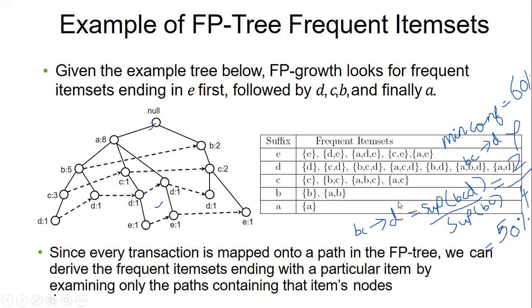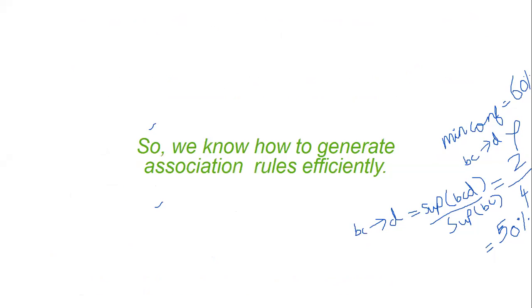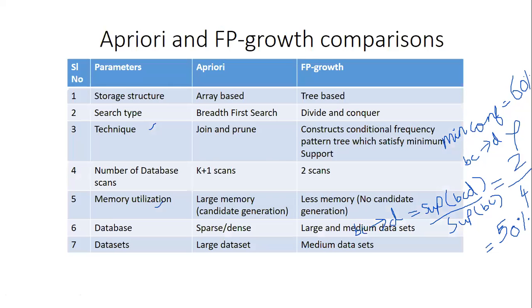Whichever has confidence greater than or equal to 60%, that rule will be considered. Other rules will be eliminated. So we know how to generate association rules efficiently. In the next slide we'll see the comparison between Apriori and FP growth algorithm.